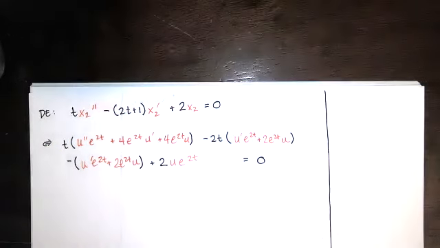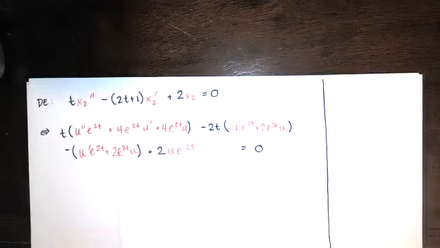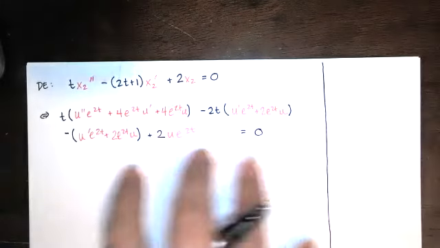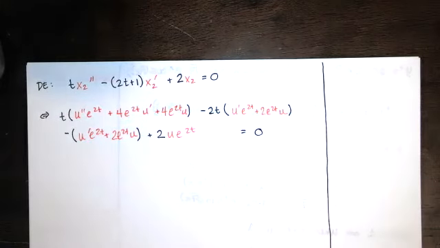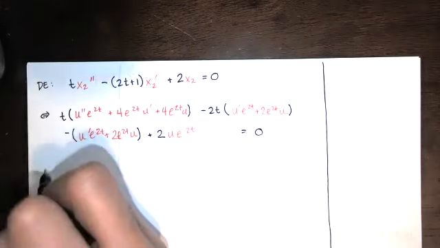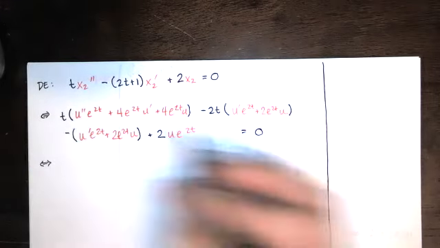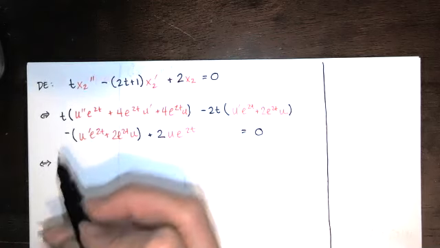Now, whenever you use reduction of order, we call it reduction of order because this is going to simplify to a first order linear equation in u prime. So it's actually going to be a first order equation rather than a second order equation after we make a substitution. So we're reducing the order from second order to first order. But that requires us to simplify first.